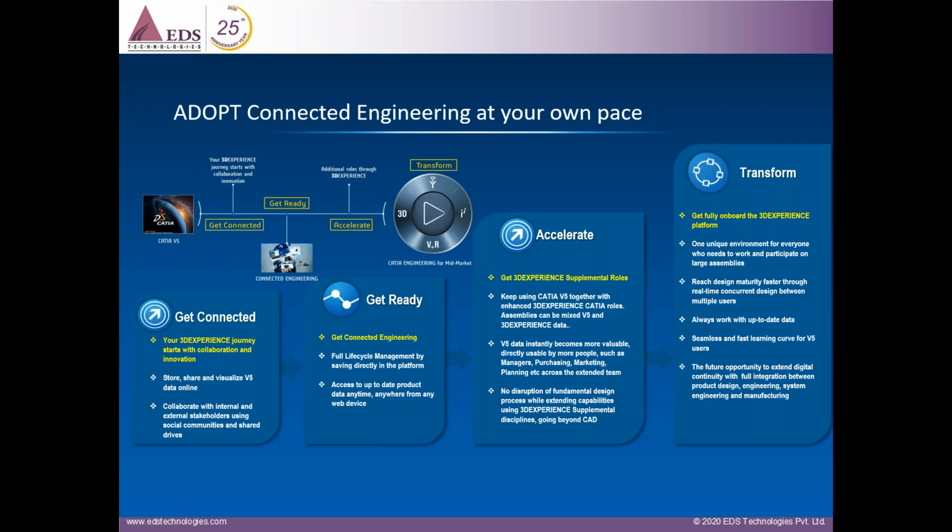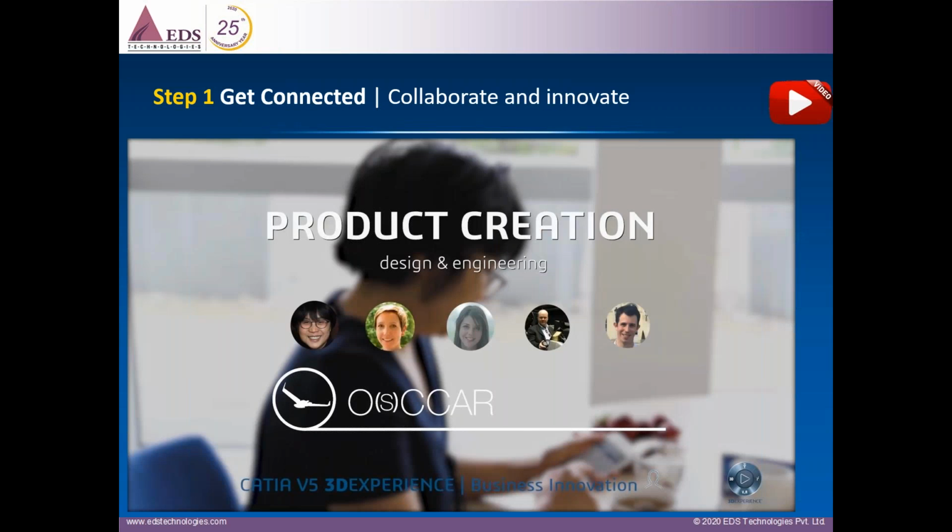You can definitely migrate yourself into engineering excellence packages to get connected with 3D experience platform. You can digitalize your data, which is available to rest of the organization, and then you can provide structured, secure, and version controlled data access to all the collaboration teams. So we'll see these examples through a video approach.